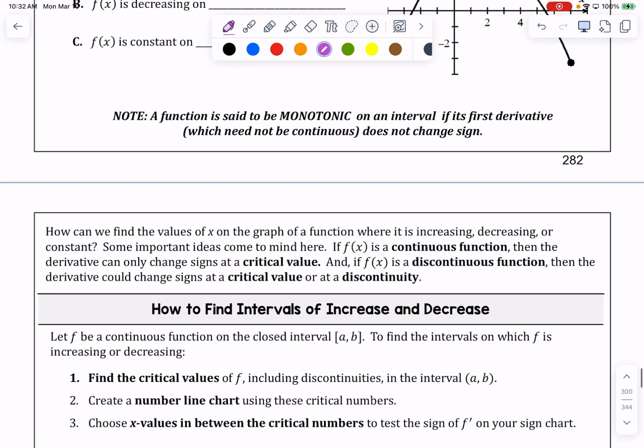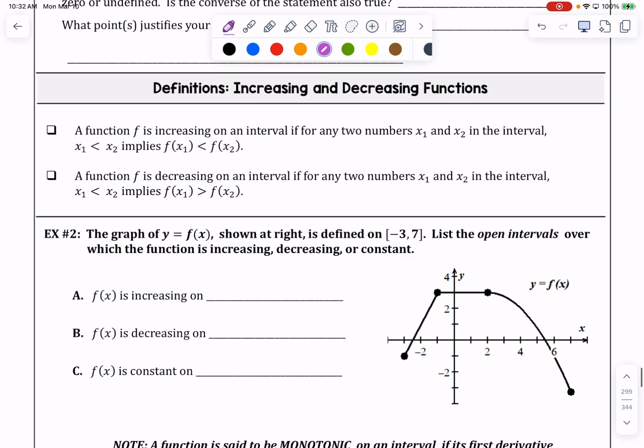Okay? No, we're on page 282. So, definitions of increasing and decreasing. A function f is increasing on an interval if for any two numbers, x sub 1, x sub 2, in other words, you got x sub 1 and then you've got x sub 2, so in order from left to right, we're just traveling left to right.